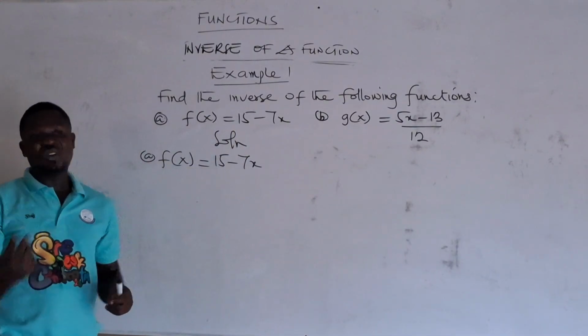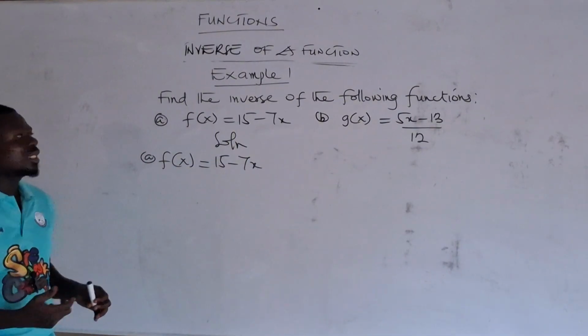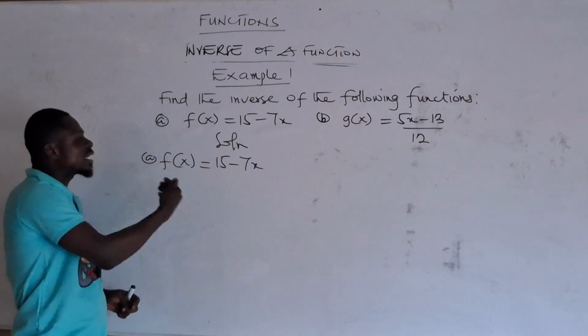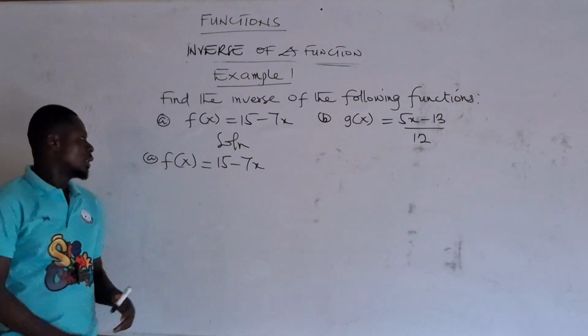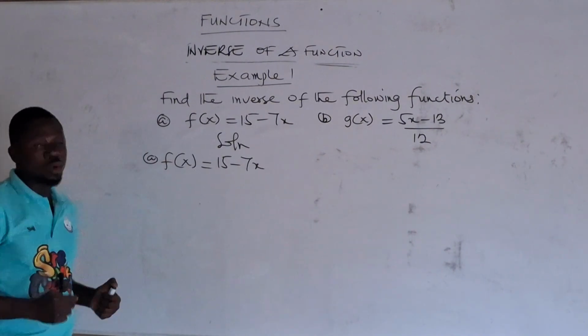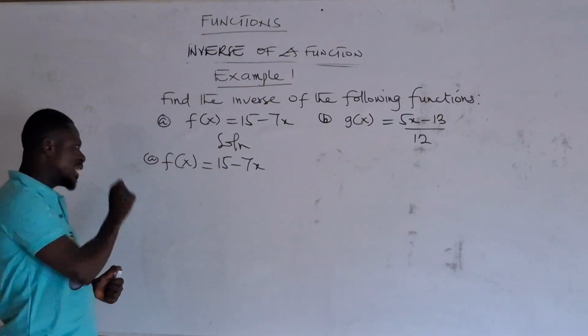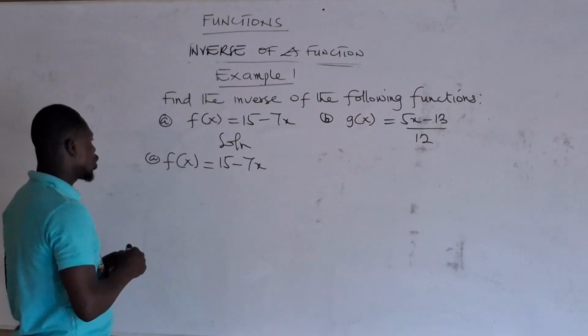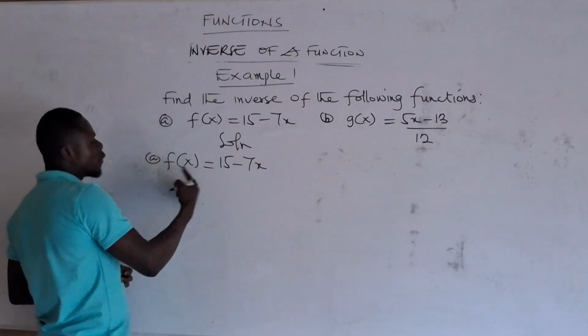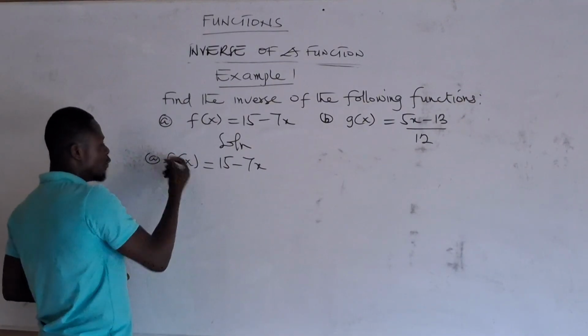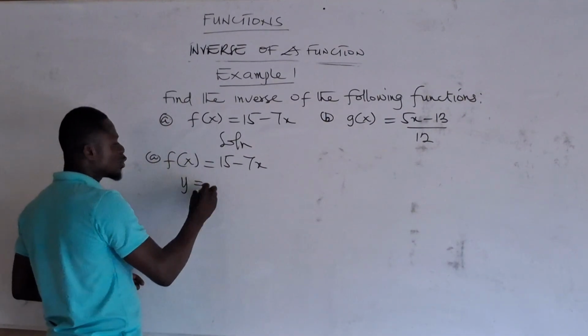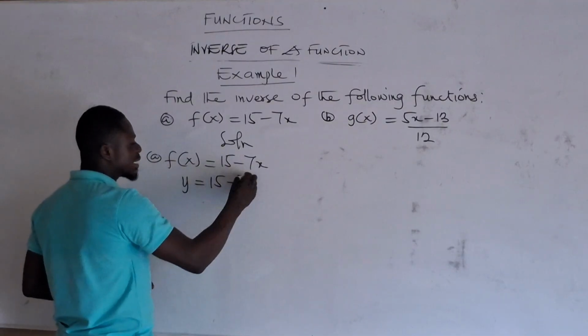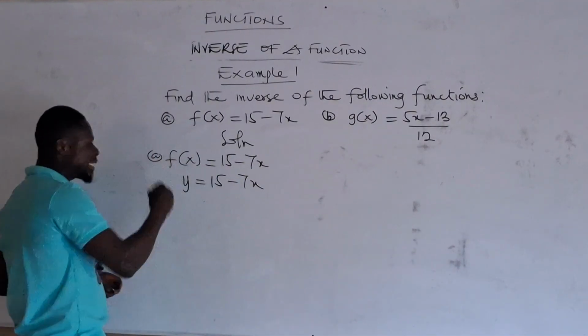So we are going to find a certain function that undoes what this function does. What are the steps to follow? 1. Change the name of the function to y. So changing the name of the function, which is f of x, to y, we will have y is equal to 15 minus 7x.